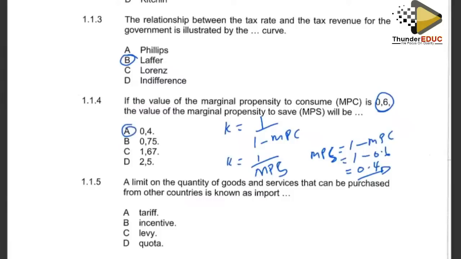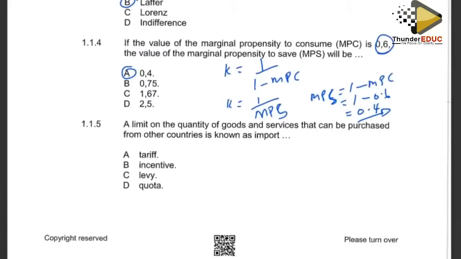Okay, right, grade 12s. Moving on to the next question, we have 1.1.5, which reads as follows: a limit on the quantity of goods and services that can be purchased from other countries is known as import dash.